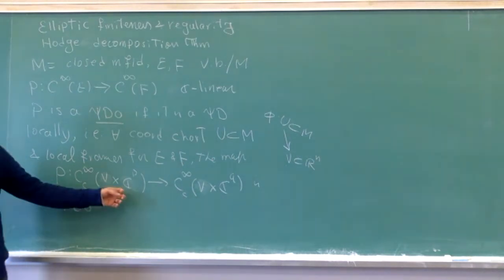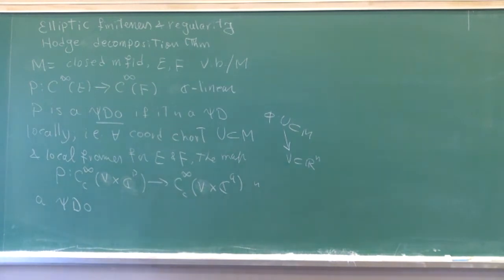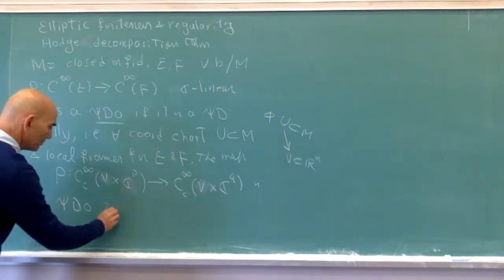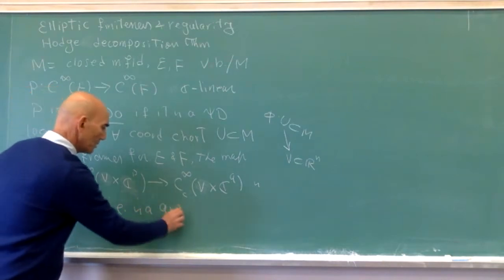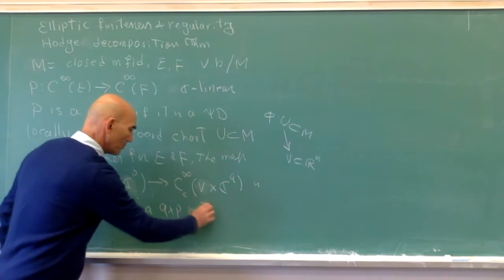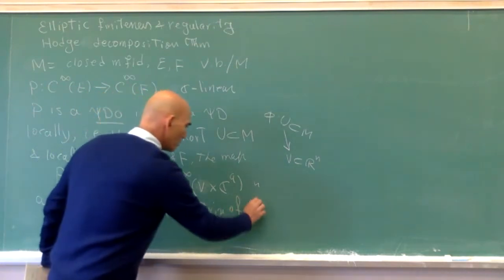These pseudos are kind of vector valued pseudos. What does it mean? It means that it's a Q by P matrix of scalar pseudodifferential operators.